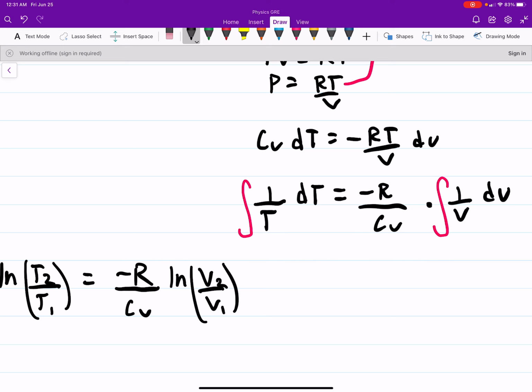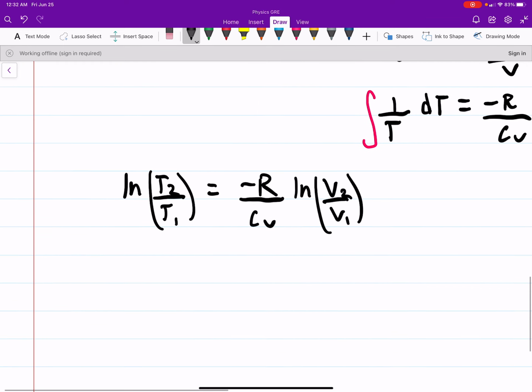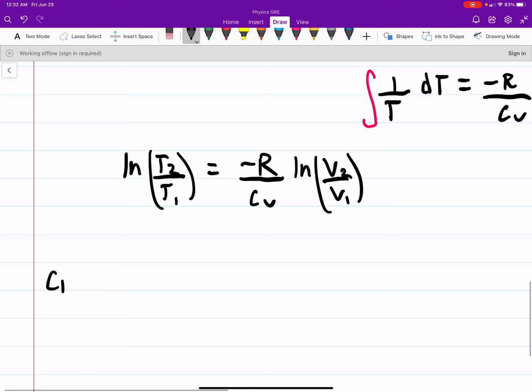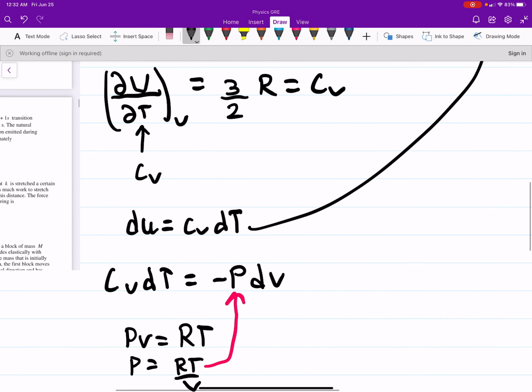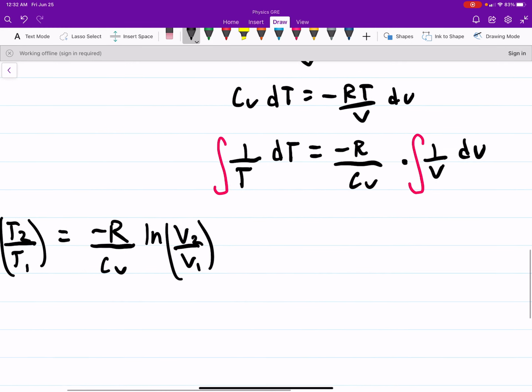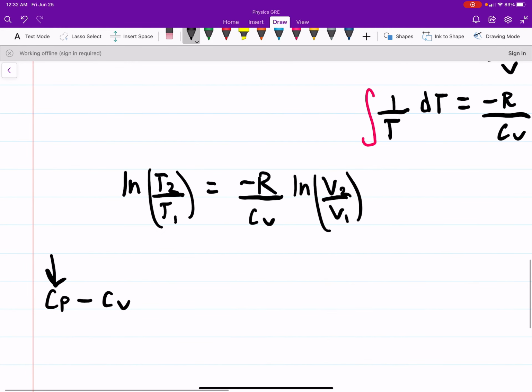Okay. Now, Cp minus Cv, so this is your heat capacity. Up here is our heat capacity with constant volume, and Cp is with constant pressure. So you're just holding pressure constant here, and holding volume constant there.